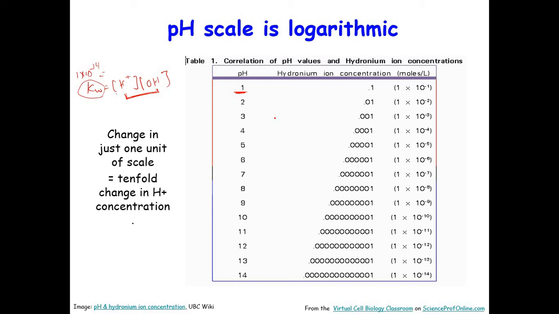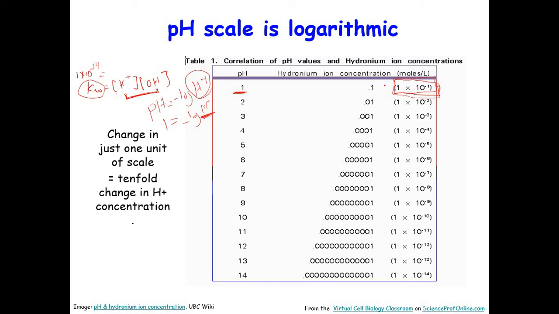So, if you have pH 1, that means the concentration of your H plus is 1 times 10 to the minus 1, because pH is equal to the negative log of H plus. So if the pH is equal to 1, you only need to calculate the negative log of H plus, right? You need to calculate the H plus concentration. If you solve that using a calculator, given pH 1, the concentration of H plus is actually 1 times 10 to the minus 1. Or, if you don't use scientific notation, it's the same as 0.1, right?